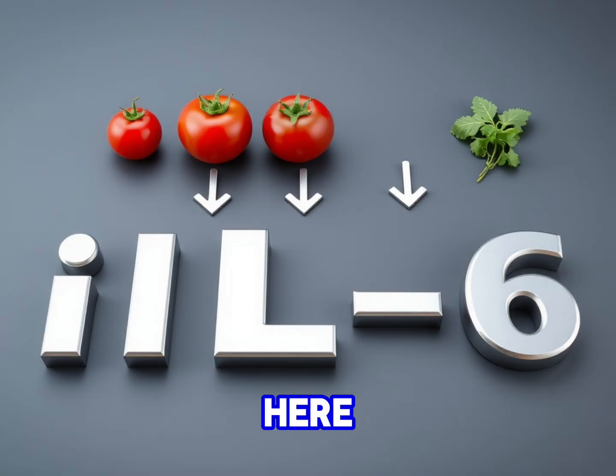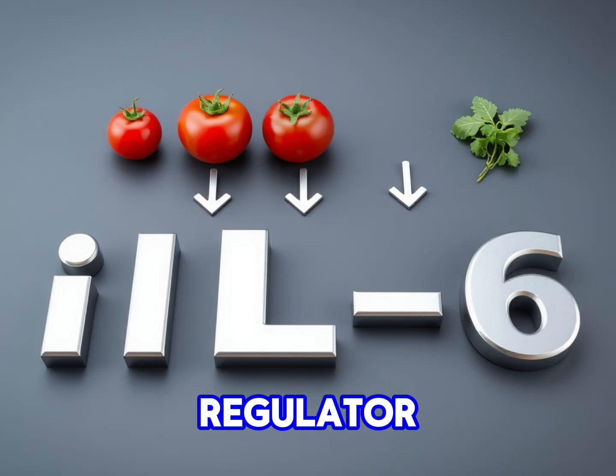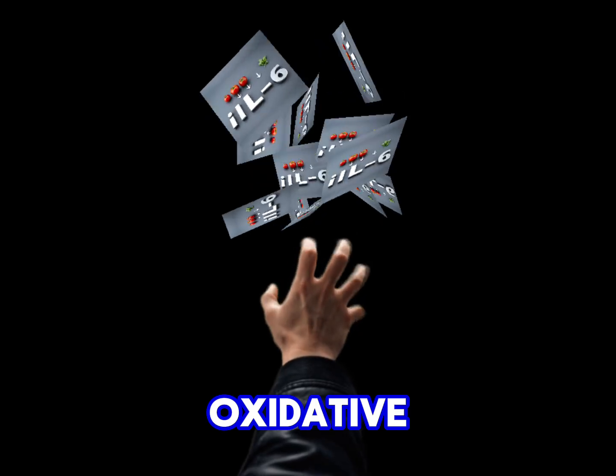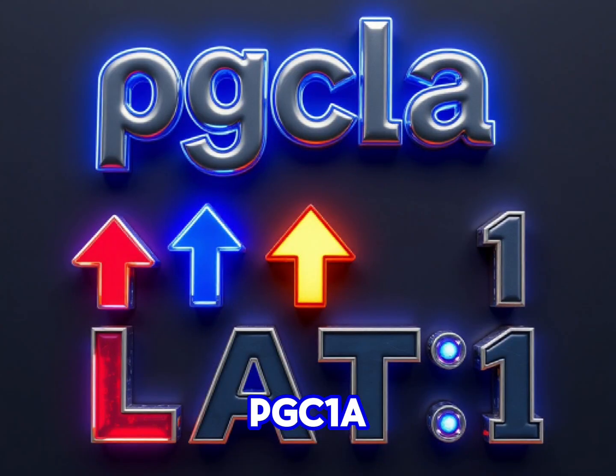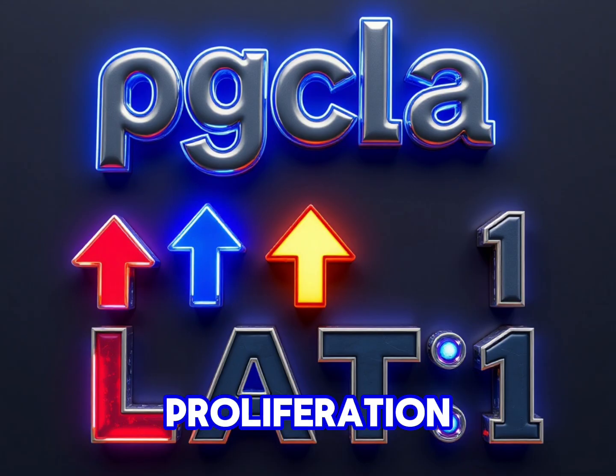So another good one here is PGC1A, which is the master regulator of mitochondrial biogenesis, and this enhances T cell oxidative metabolism. PGC1A also supports LAT1 mediated amino acid uptake and proliferation.